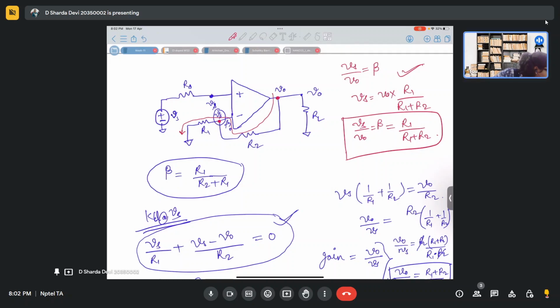Same thing, no? XF by XO means ultimately XF is the voltage at that point, the Vs point, and XO is the output voltage, right? If I'm not wrong. Yeah, so same thing. They mean the same thing. So it's input by output. And ultimately, if you see, it actually comes as A beta to be 1, although that is the Barkhausen criterion, but yeah, here it also satisfies.